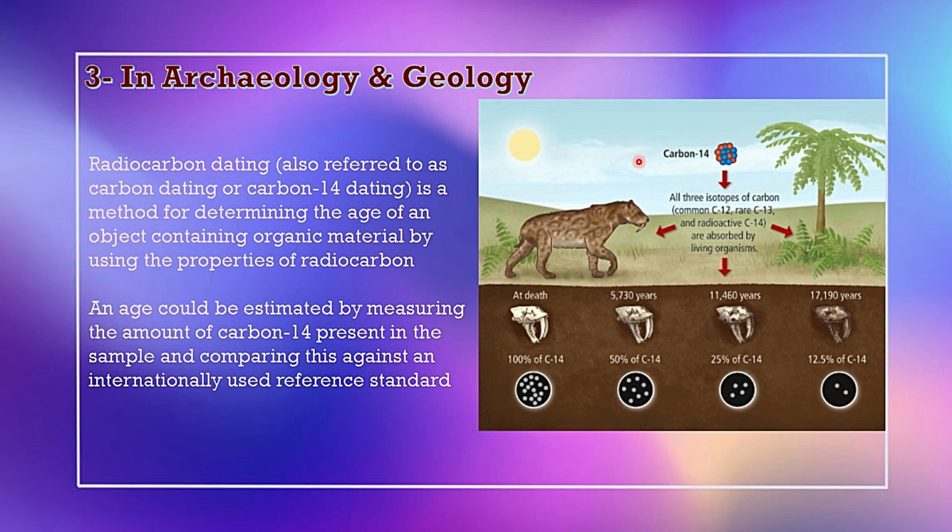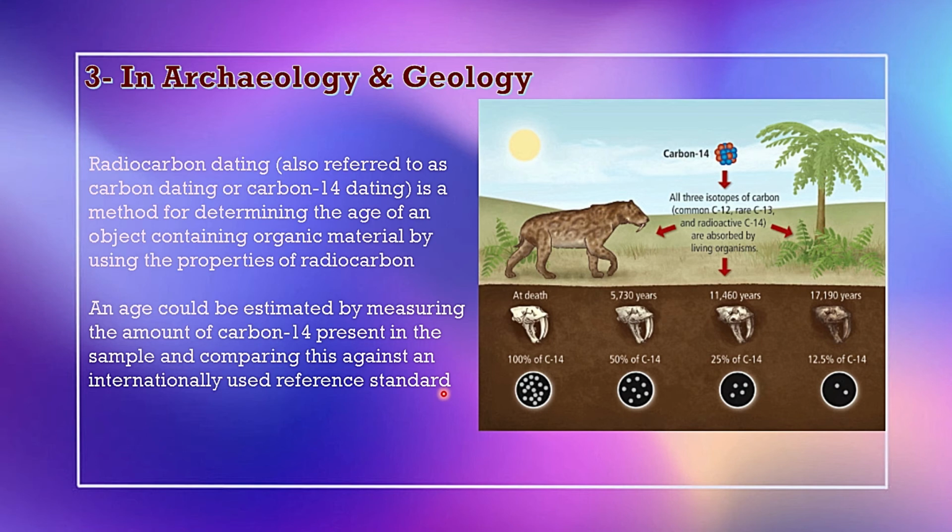So if it is found in the fossil of any species, a scientist can find what the amount of that carbon-14 was at the time of formation, how much radiation has been emitted from this carbon-14 and how much is left. So one can identify the half-life of this radioactive element.